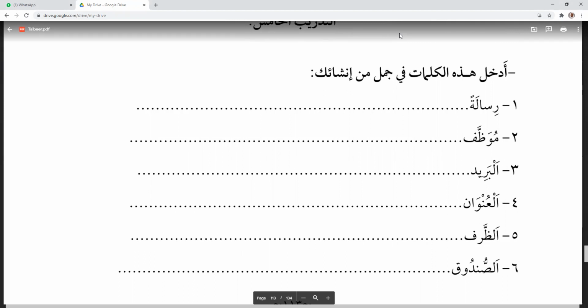They don't necessarily need to be at the beginning, just anywhere in the sentence. ما معنى رسالة? Letter. أكتب رسالة. I write letter.